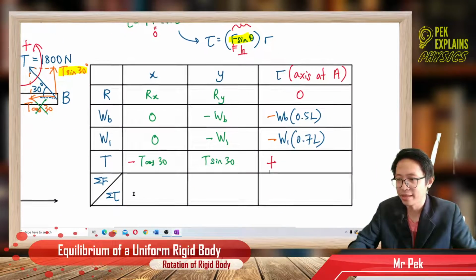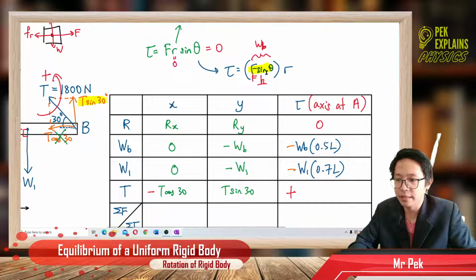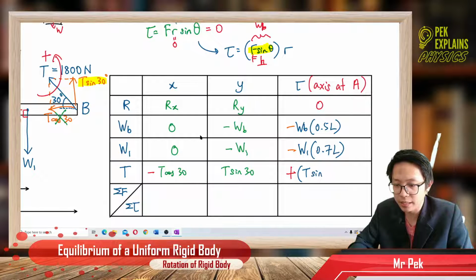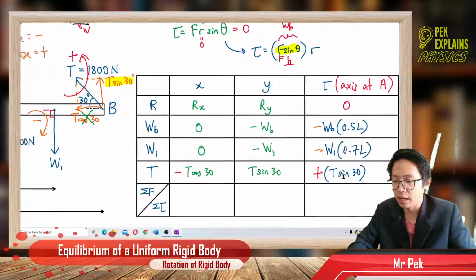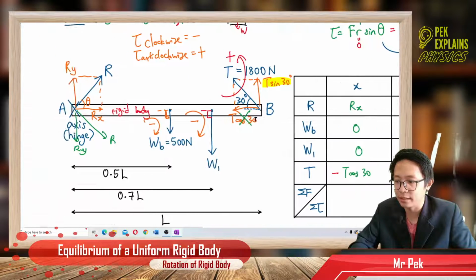Now our F sine theta is T sine 30, which rotates the object anti-clockwise. And how far is T sine 30 from the axis?